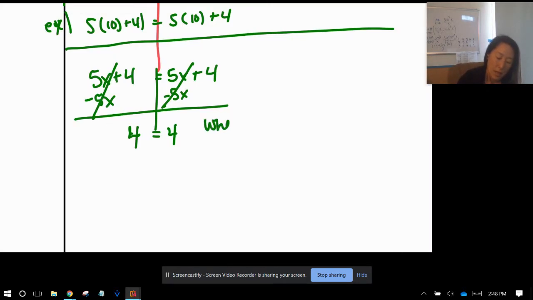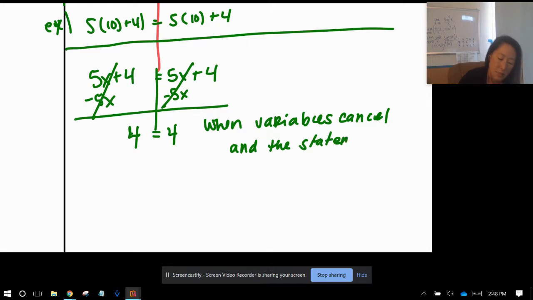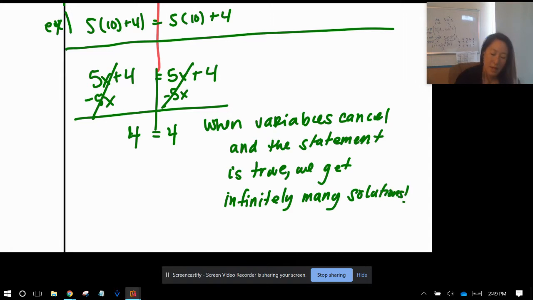So when the variables cancel and the statement is true, so 4 does equal 4, we get infinitely many solutions. So we say infinitely many solutions.